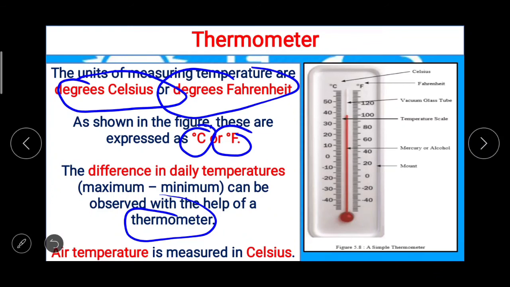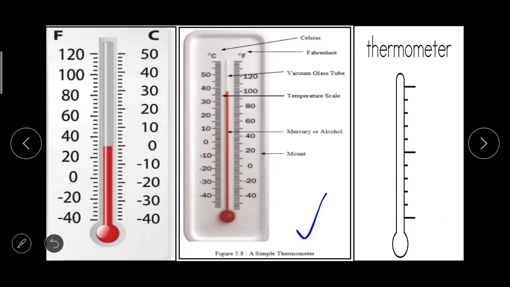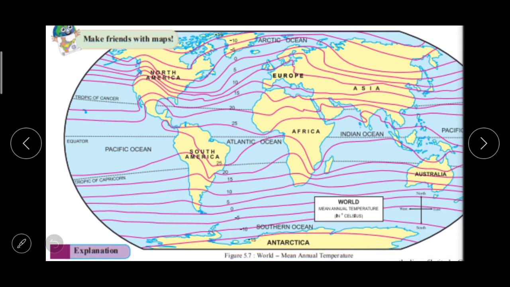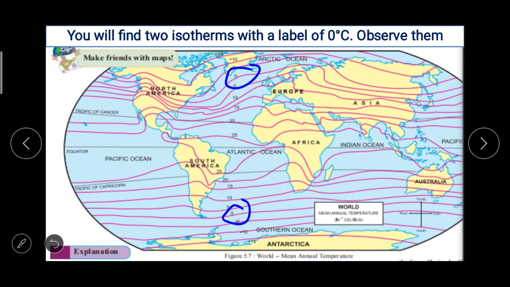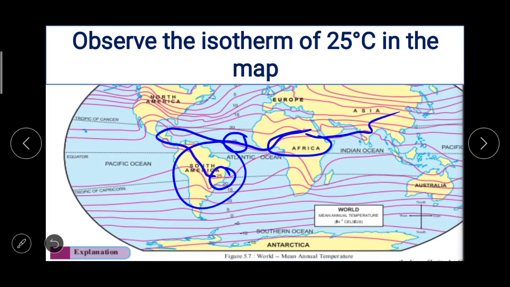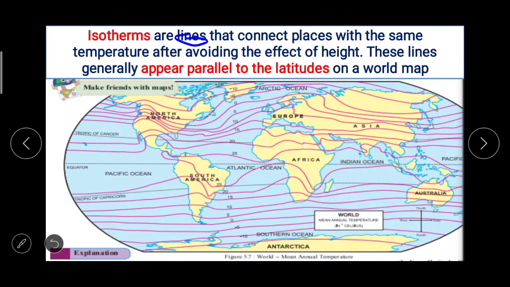So in our today's lesson, very important things which we learned, and which we can also revise, are: thermometer, world mean annual temperature, and the isotherms which we observed on 25 degrees Celsius.